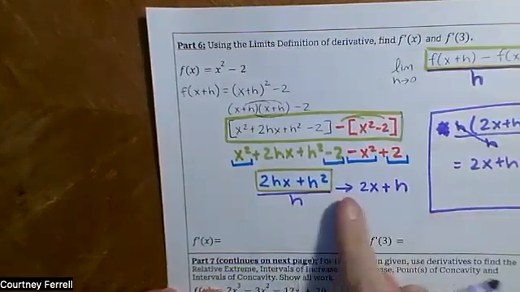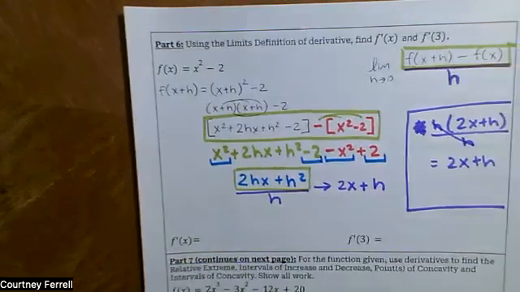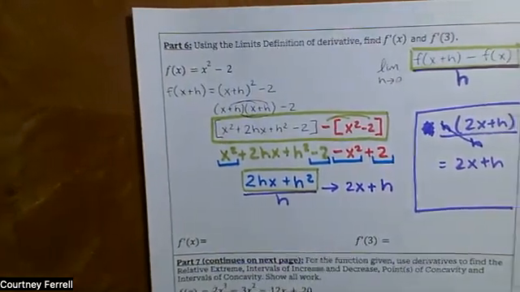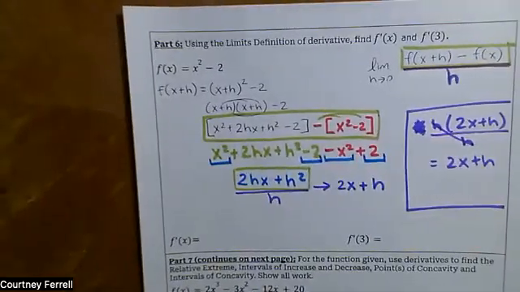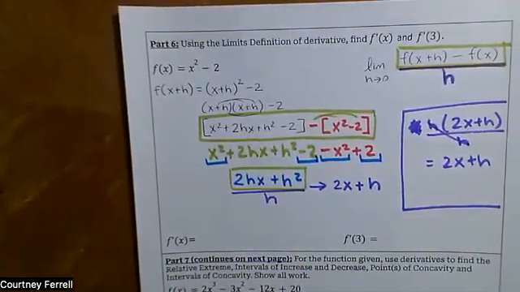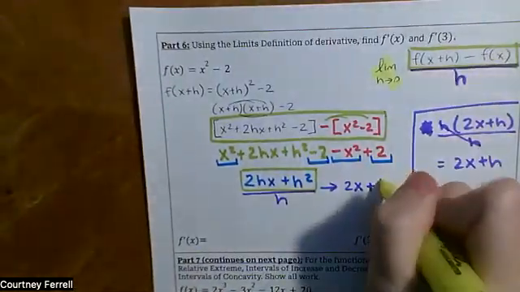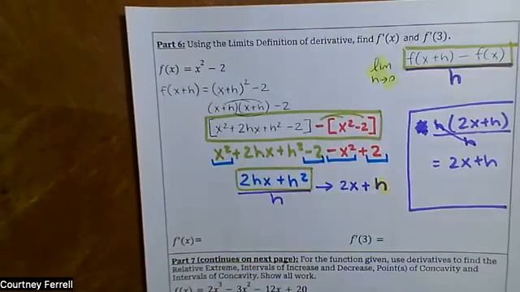Okay, there's one more step. It says we're taking the limit as h approaches 0. So now I need to plug in 0 for h.